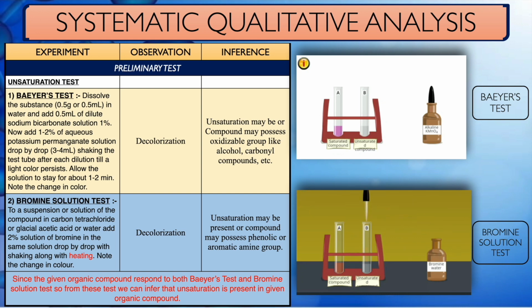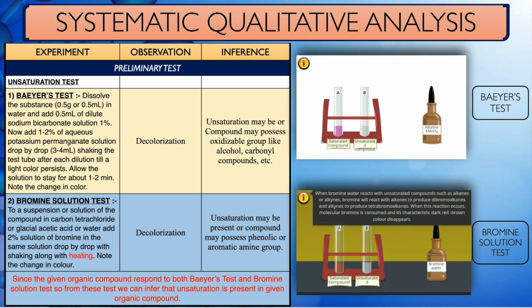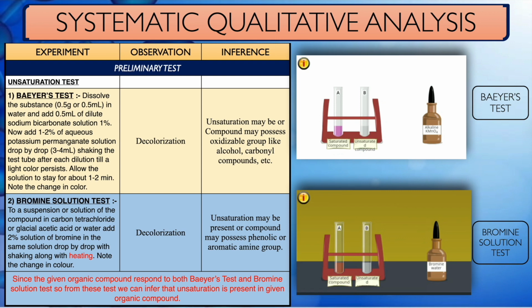In the second test tube also we have taken an unknown organic compound, different from the one in test tube A. When the bromine water is added to it and after a few shakes in test tube B, the decolorization did take place, and it infers that unsaturation may be present or the compound may possess a phenolic or aromatic amine group.